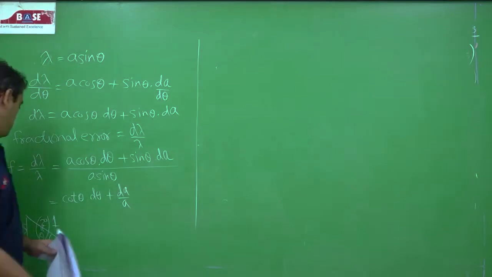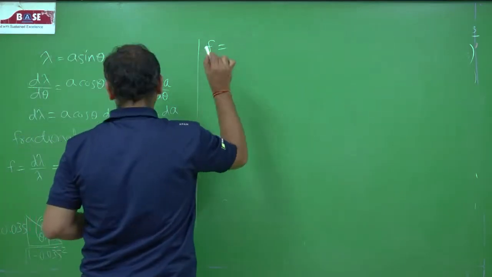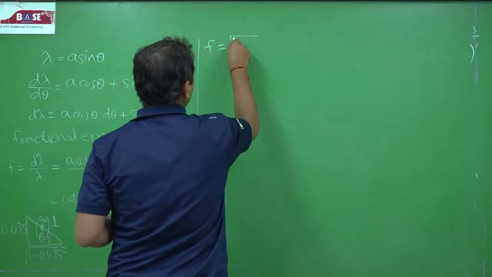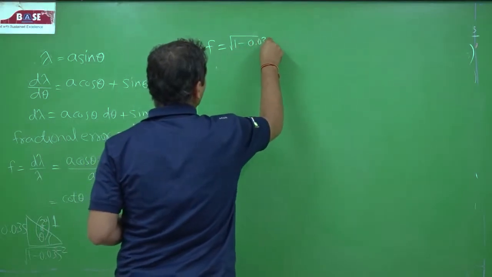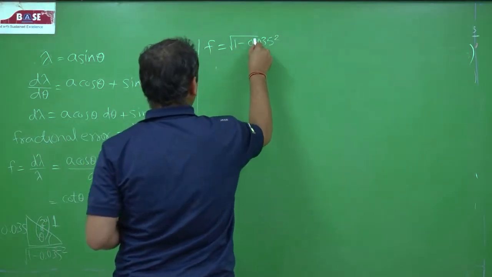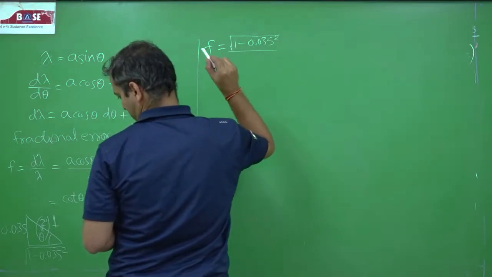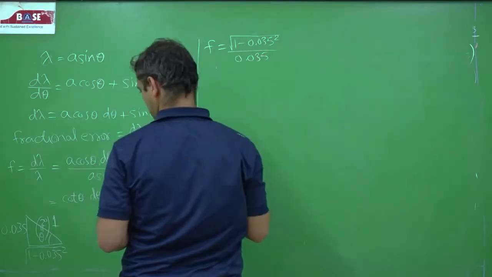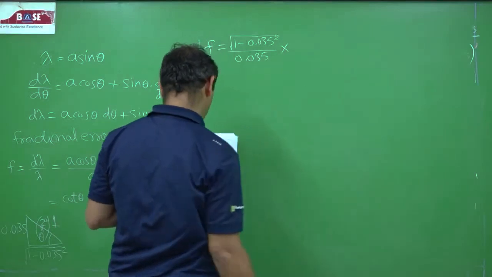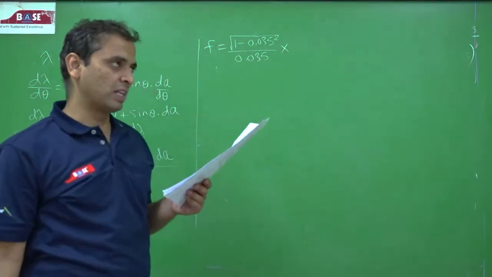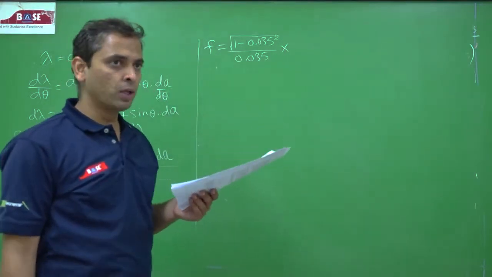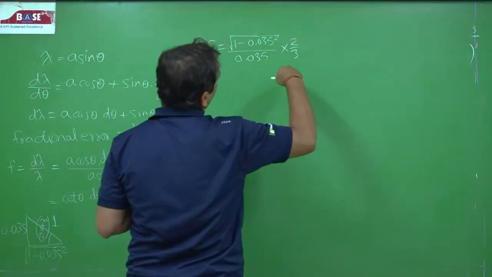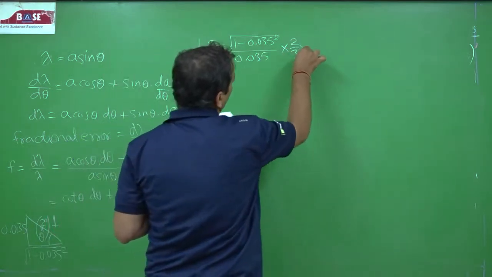I'll start writing the expression. Fractional error in measurement of wavelength: cot theta first of all has to be root of 1 minus 0.035 squared, this is the adjacent side, by the opposite side, 0.035. This is just cot theta into d theta. d theta is 40 arc minutes. 60 arc minutes would have been 1 degree, so 40 arc minutes is 2/3 of a degree. 2 by 3 degrees converted to radians, so into pi by 180.